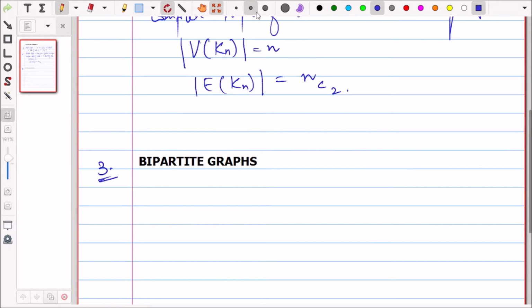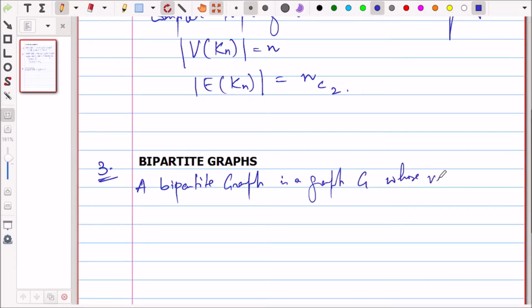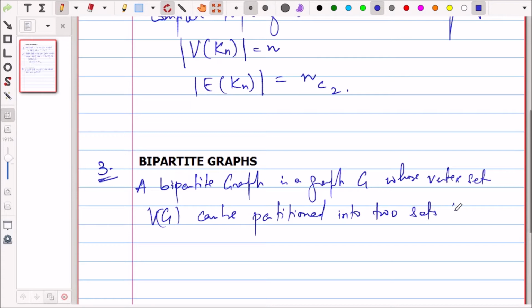So bipartite, by definition, a bipartite graph is a graph G whose vertex set V(G) can be partitioned into two sets V1 and V2, that is V(G) is equal to the disjoint union of V1 union V2.